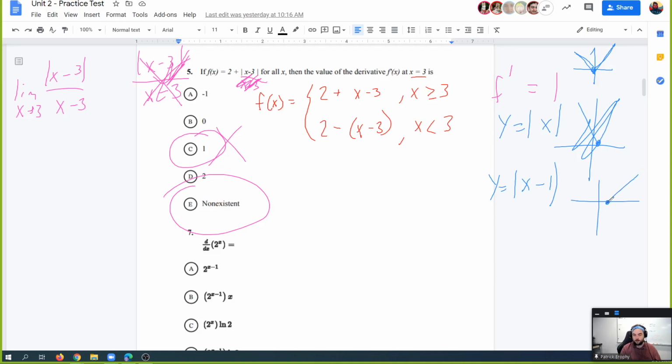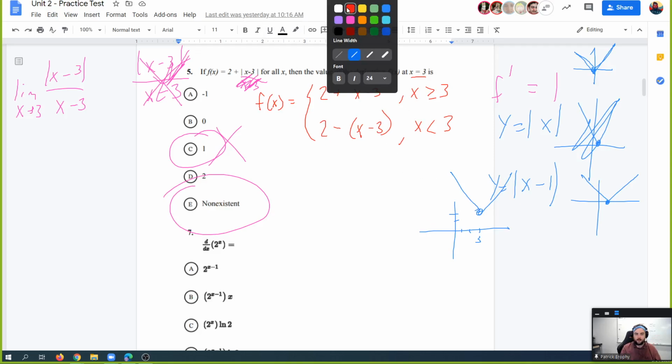So with x minus 3, x equals 3 is the sharp turn. The plus 2 makes it a vertical shift up 2. The derivative at x equals 3 is non-existent because we got a sharp turn.